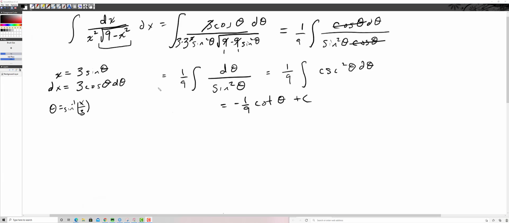Okay? Let's think about triangles for a second. I'm going to say this is x equals 3 sine theta. I'm just literally writing this down. What I'm going to do is divide out this 3, and get rid of it because we're about to do some talking.